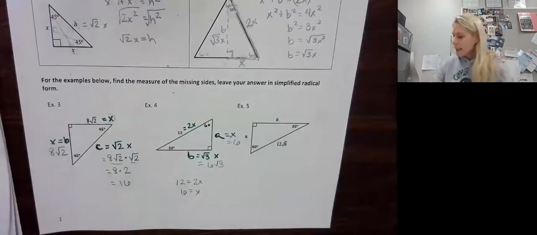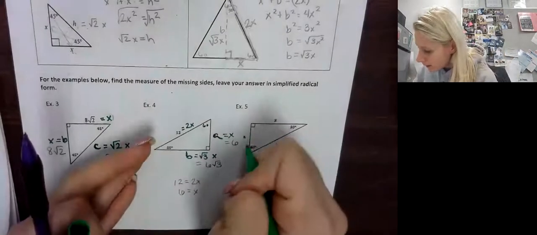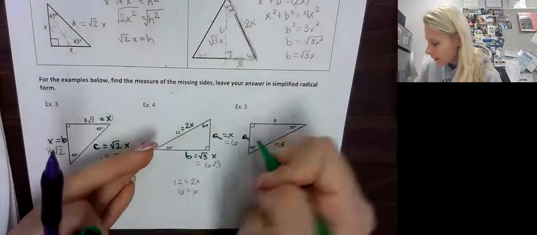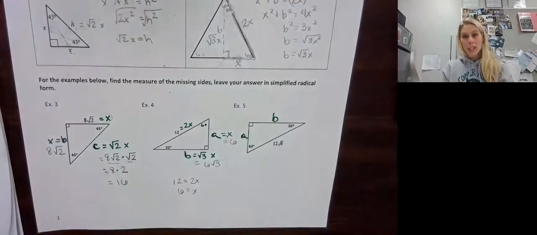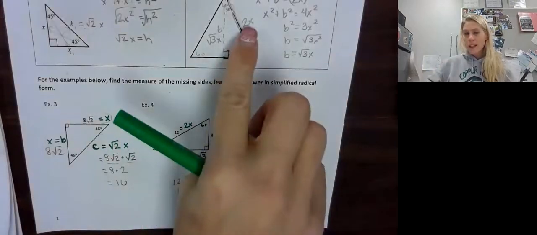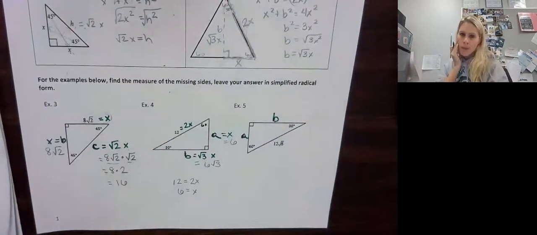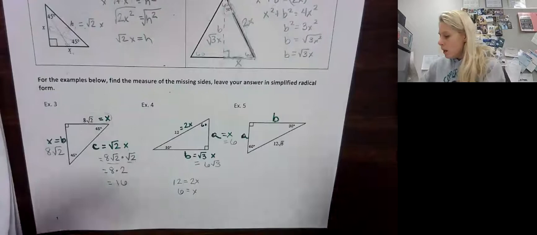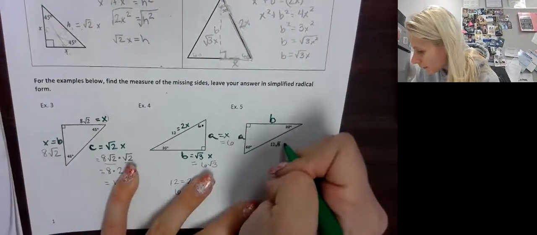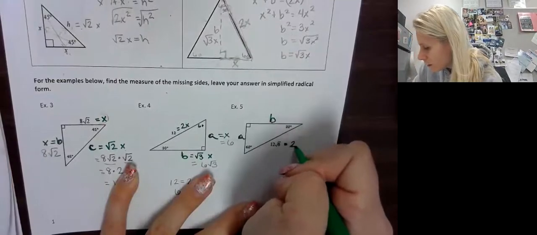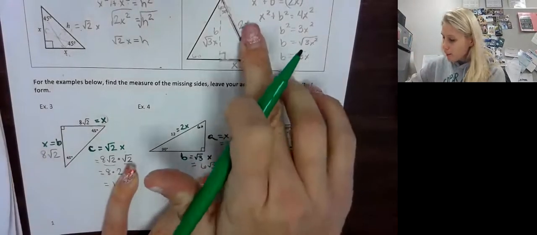Let me plug this in. Let me do A and B. Again, it doesn't matter which side's which, as long as you correctly identify the ratio. So the hypotenuse, that side across from the 90 degree, equals 2x, remember, right up here.